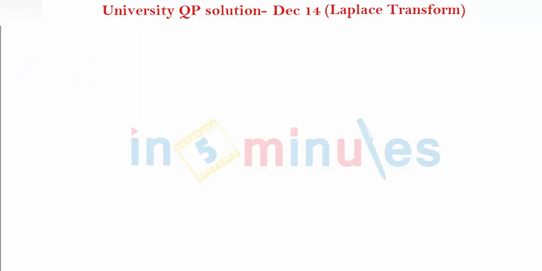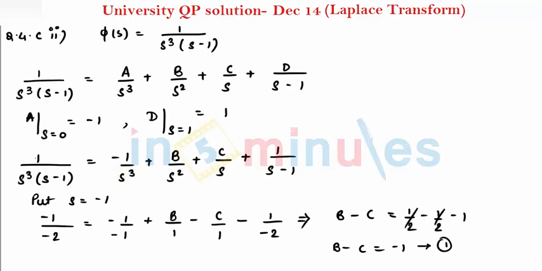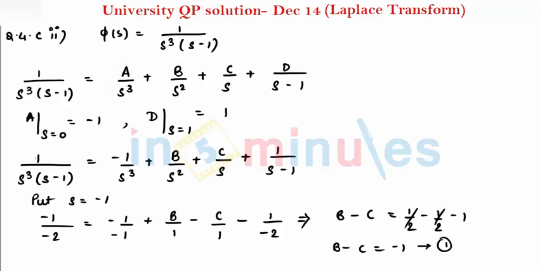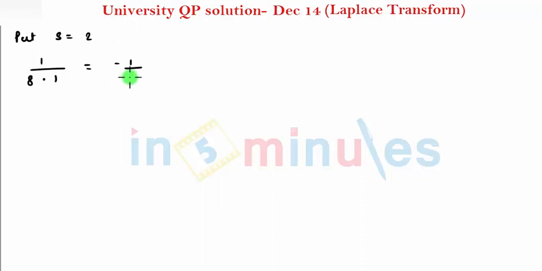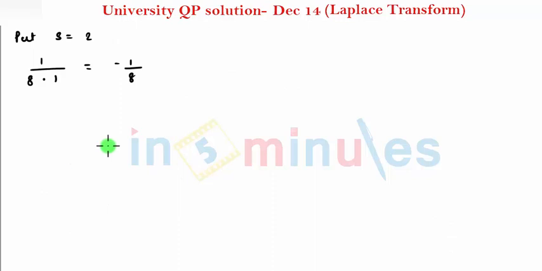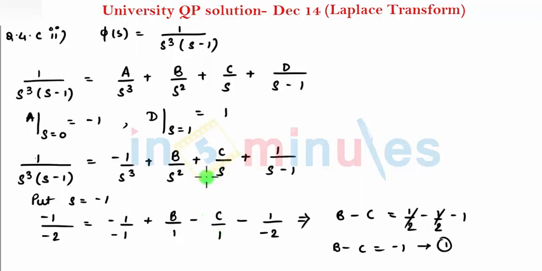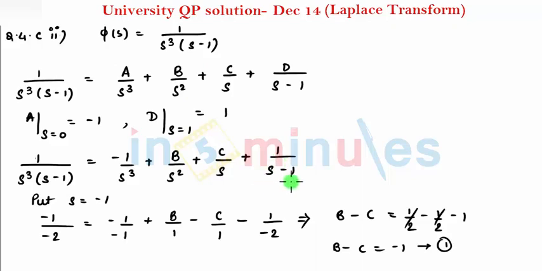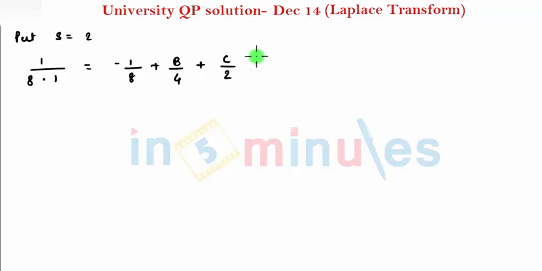On the right, minus 1 upon s cube becomes minus 1 by 8, then plus b by s square, so plus b divided by 4, then plus c by s, so plus c by 2, and the last is 1 upon s minus 1, so 1 upon 2 minus 1, that becomes 1.